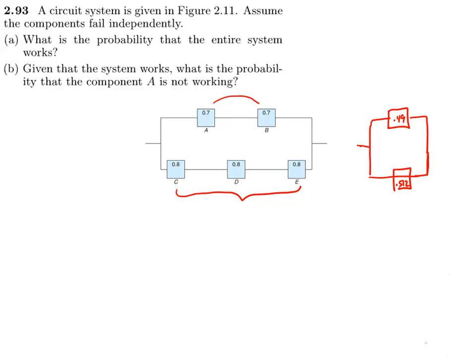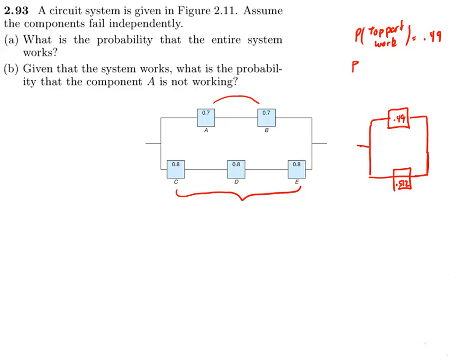So we can start with the top one. The probability that the top part works is 0.49.